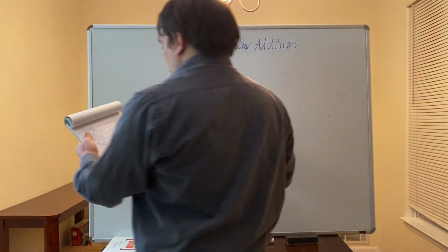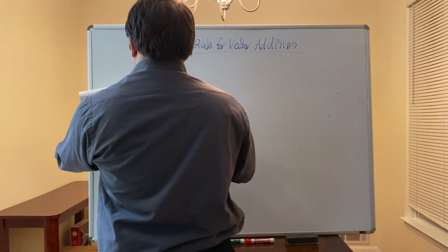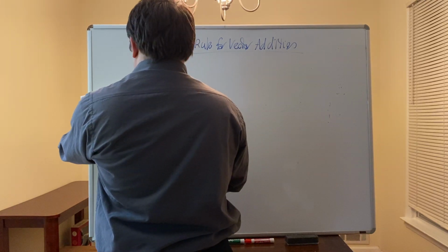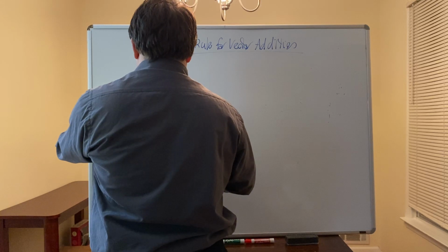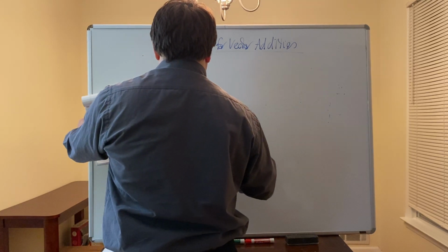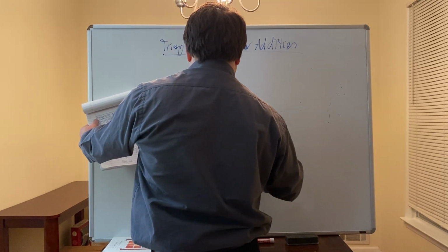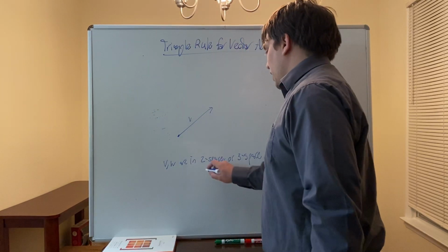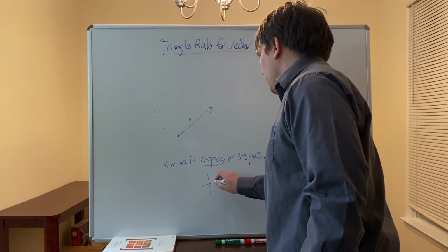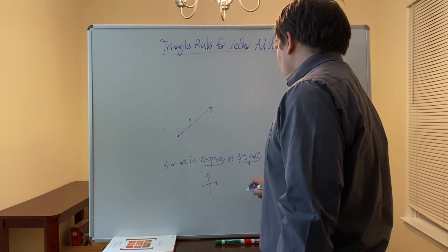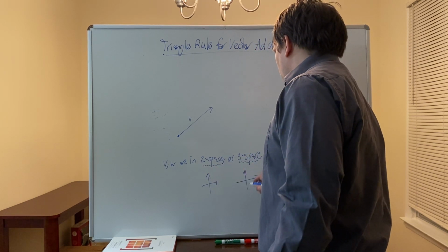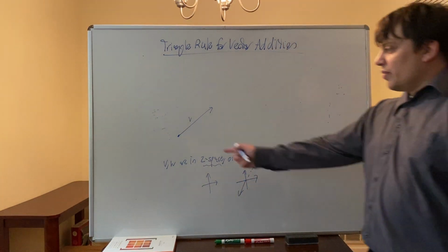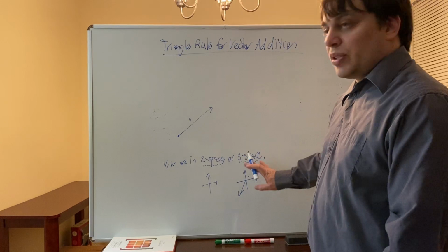And so again, we're going to have vectors V and W in 2 space or 3 space. Again, 2 space looks something like this, vectors in that kind of coordinate system, or 3 space will look something like that. And so V and W are both in 2 space or both in 3 space.